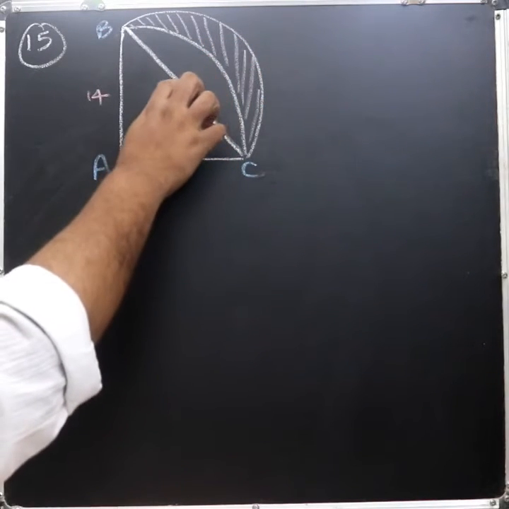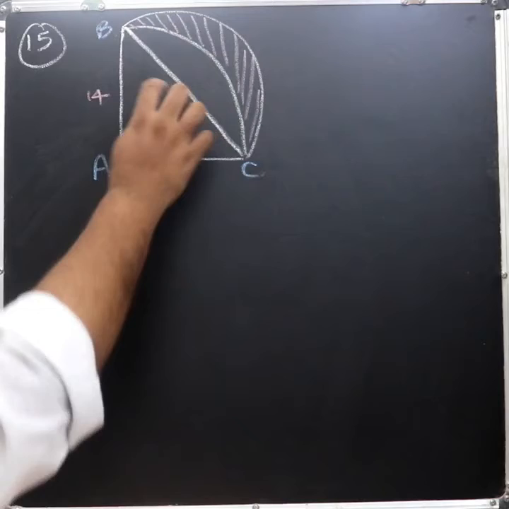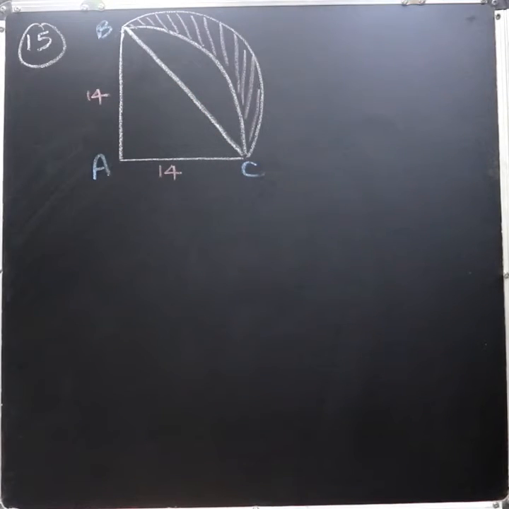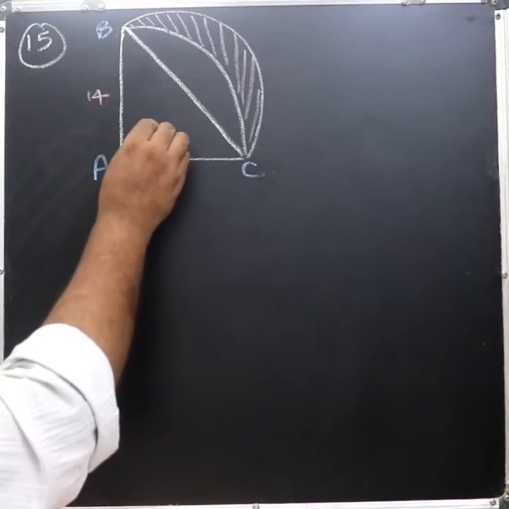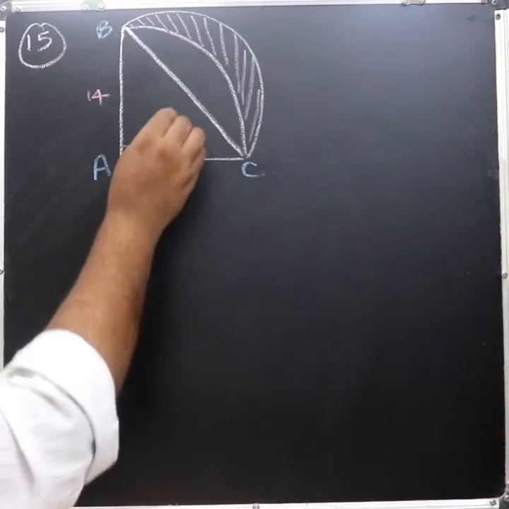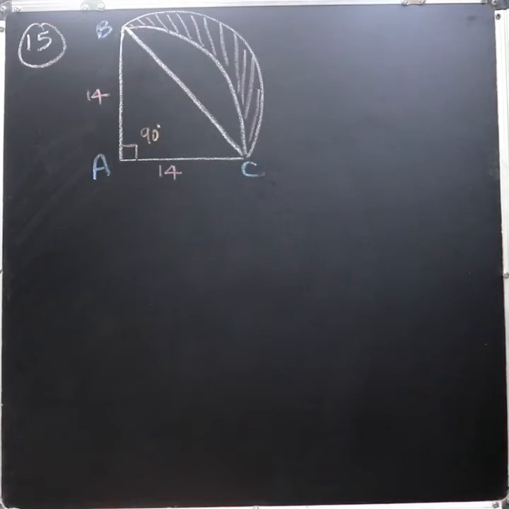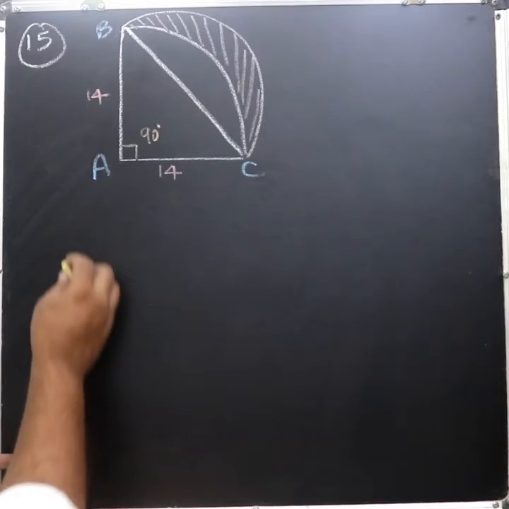To find that, first we need the radius of the semicircle. So we are going to find first the diameter BC, and half of that is going to be the radius. Now you know that in a quadrant this angle is going to be 90 degree. So we can use Pythagoras theorem to find the value of BC.